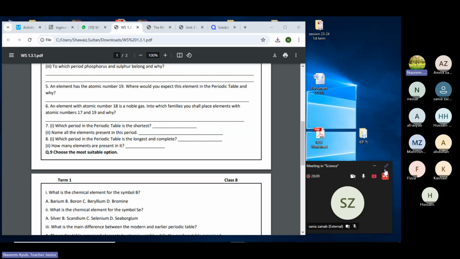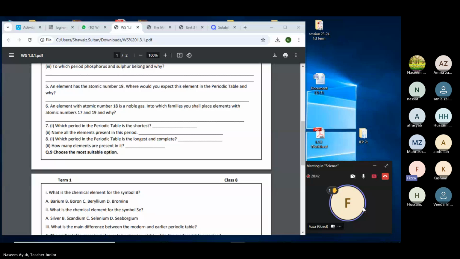Okay, number 6. An element with atomic number 18 is a noble gas. Into which families would you place elements with atomic numbers 17 and 19, and why? Ma'am, 19 will be in group 1 because in the outermost shell there is only one electron, so it will be in alkali metals.